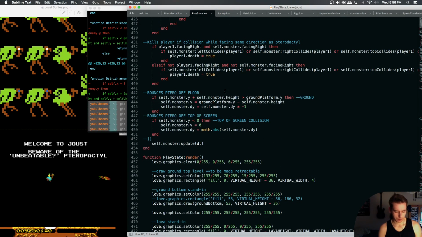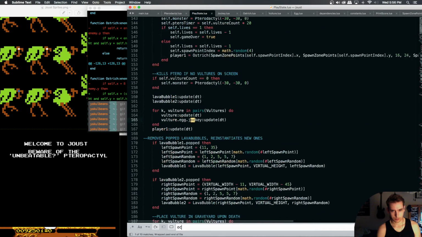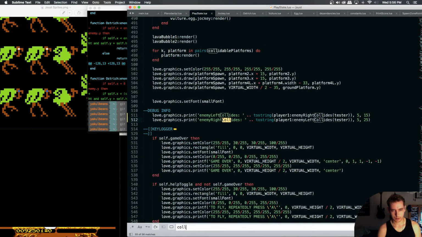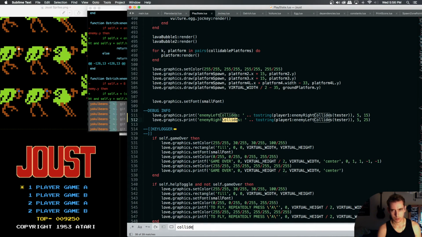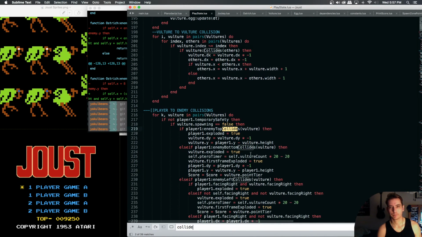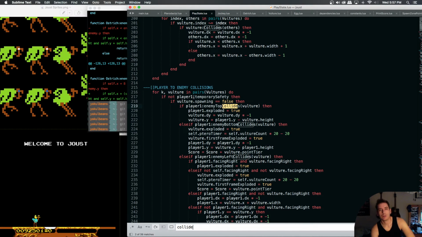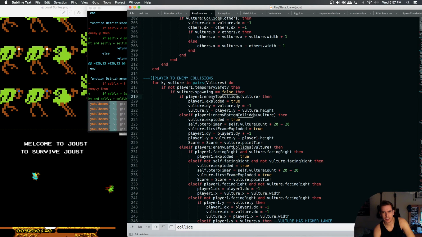So if we look at our collides, player to enemy collision. For every vulture in pairs vulture, if our player is not temporary safety, and if our vulture is not spawning, we're checking that top collision.